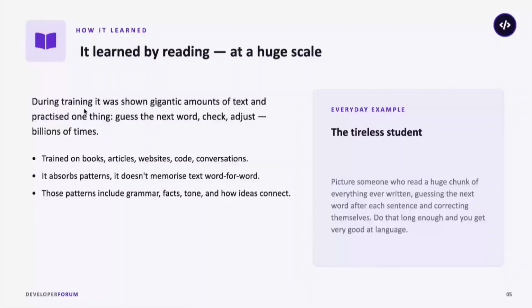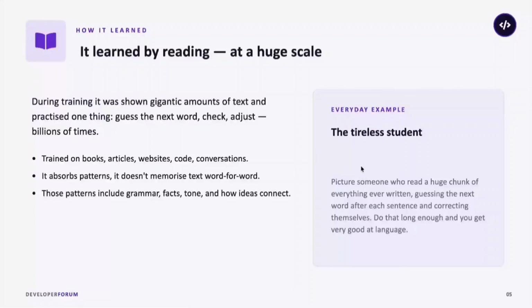During training, it was shown gigantic amounts of text such as books, articles, websites, code, conversations, and other stuff, and its practice exercise was simple and repetitive. It takes a sentence, hides the next word, tries to guess it, then checks the real answer and adjusts slightly. And it does that billions of times.